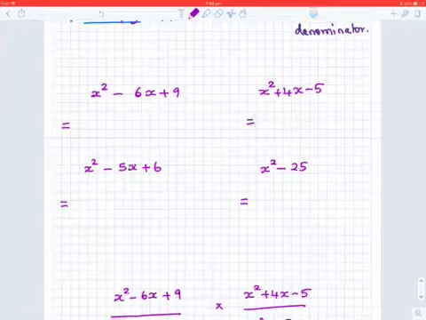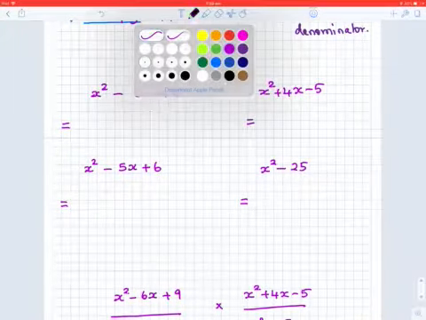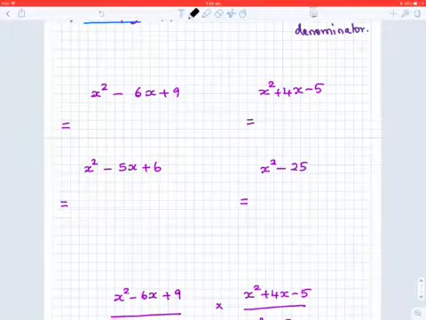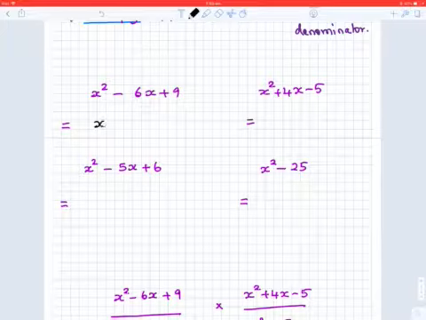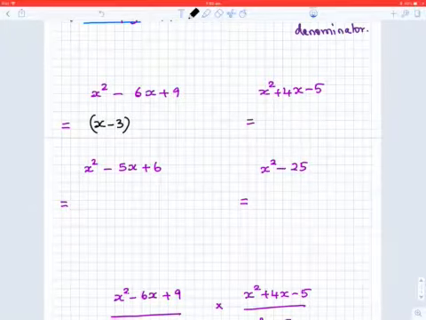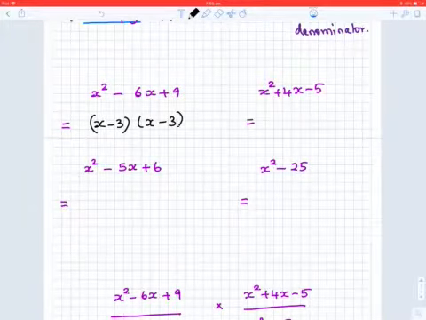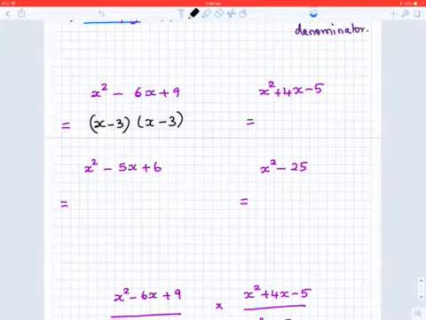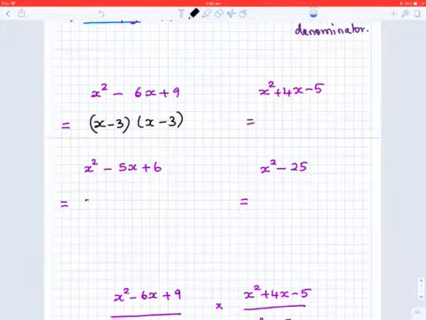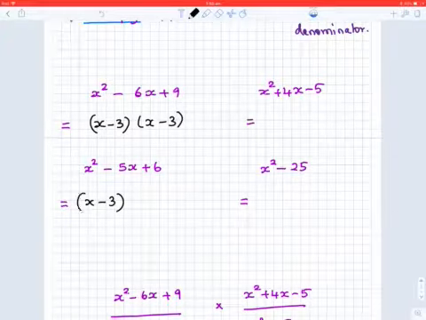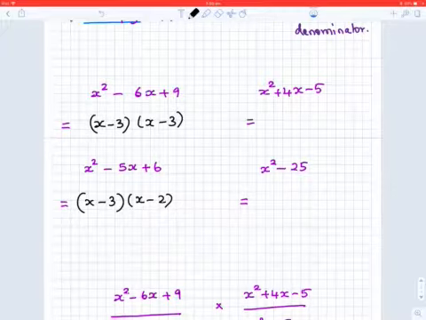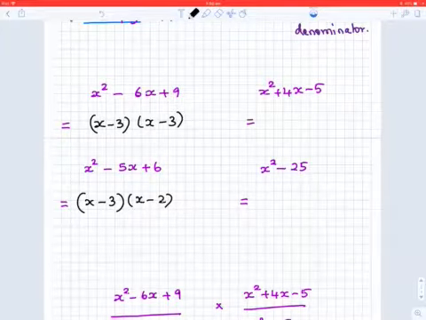Okay. Now we have the question already. I've written all the expressions separately. The first one is x square minus 6x plus 9, that can be factorized as x minus 3 times x minus 3. Then x square minus 5x plus 6, that can be factorized as x minus 3 times x minus 2.